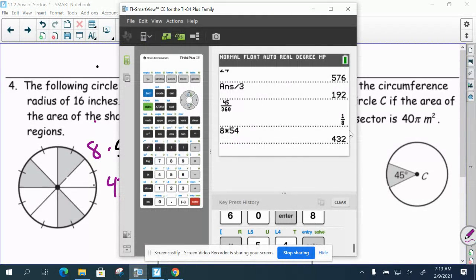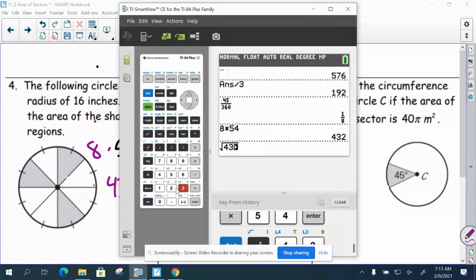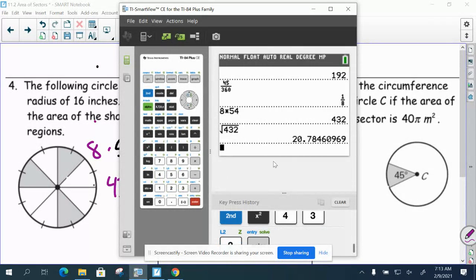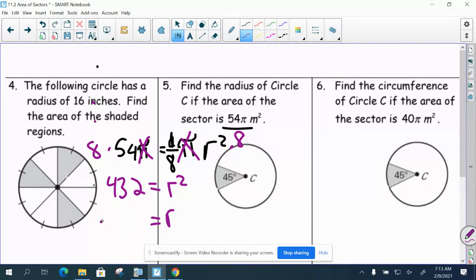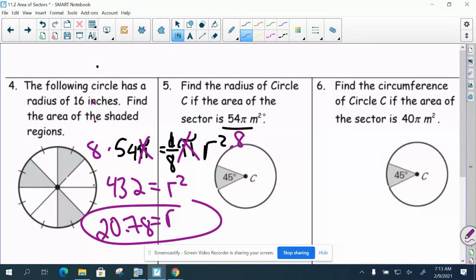I wouldn't ask you to do simplest radical form with 432, maybe a smaller number, but that would be a little bit of a headache. Okay, so 20.78 would be the radius. And then units, meters.